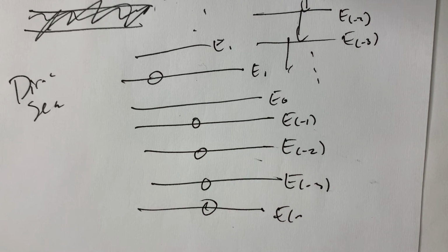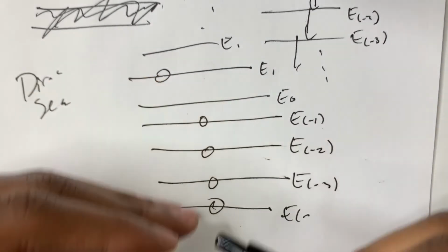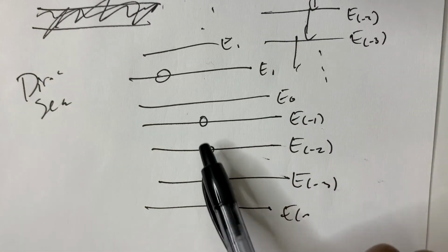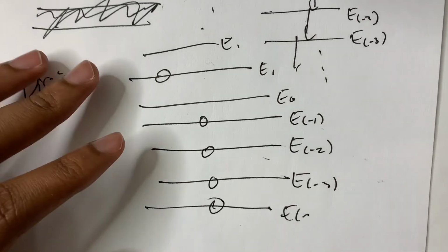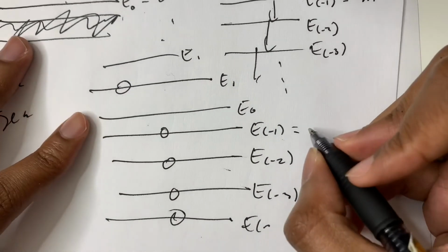Let's actually explore it more. So Dirac was like, okay, these are all occupied. But what happens if a photon hits one of these electrons? Say a photon hits the electron at this state. So this is minus m.